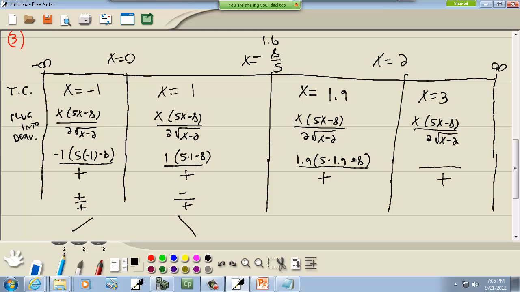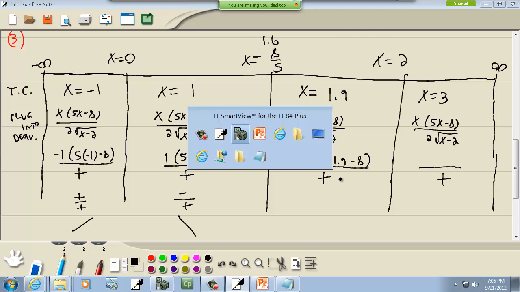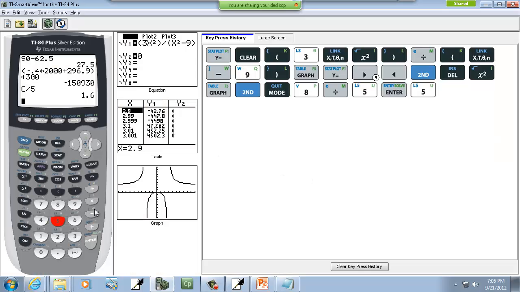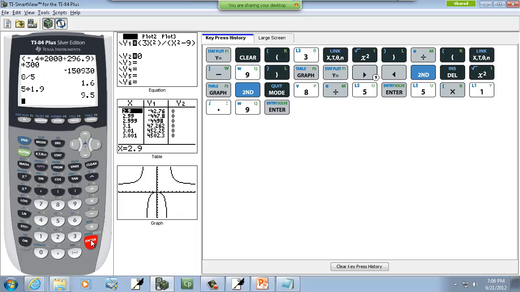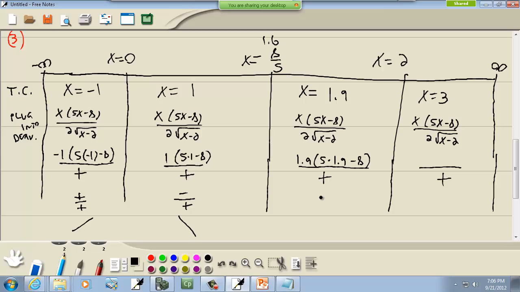This I have no clue on, so let me go over and look. 5 times 1.9 gives us 9.5. 9.5 minus 8 is positive. Positive times a positive is positive. So we got positive over positive, so it's increasing.